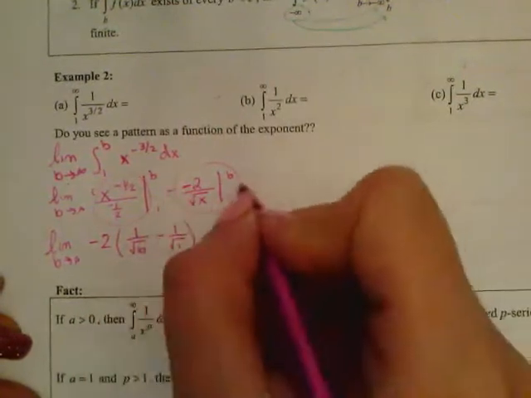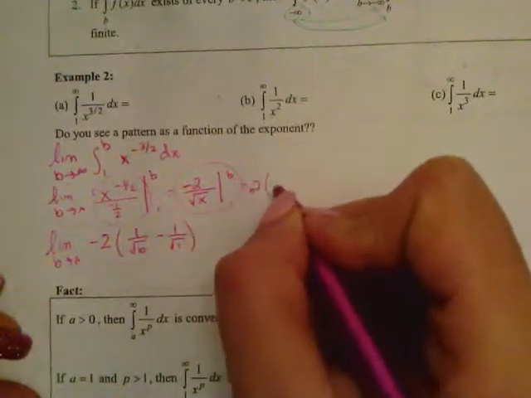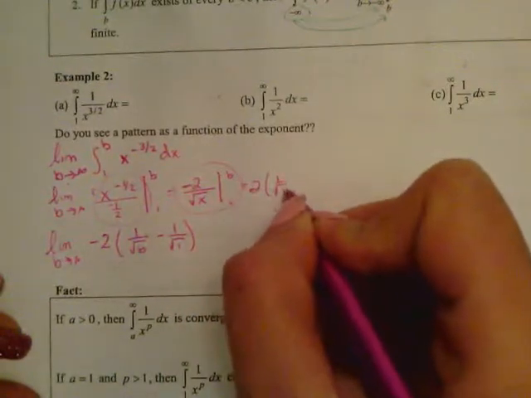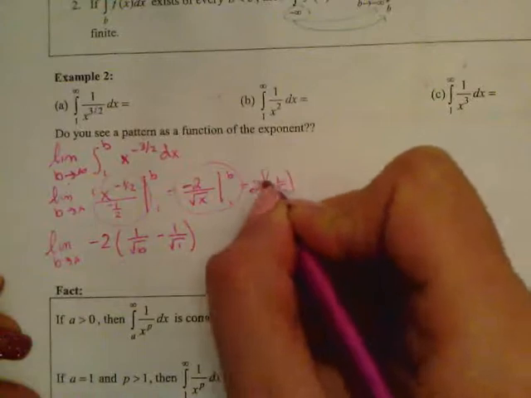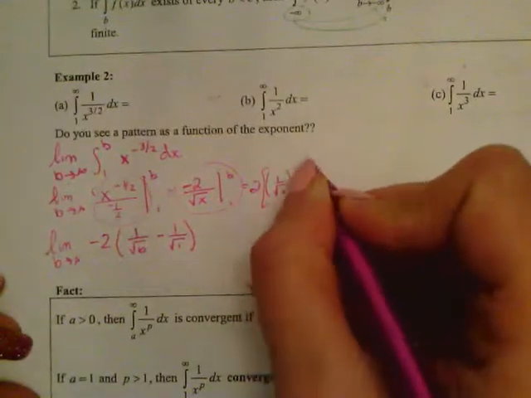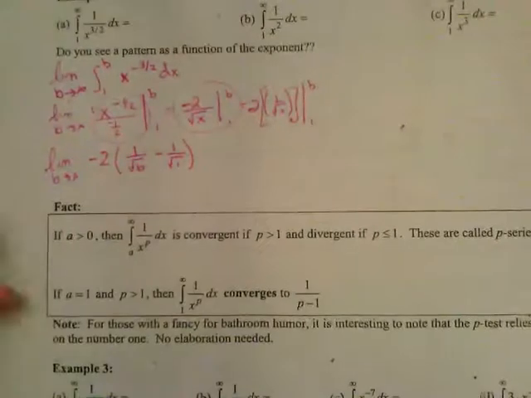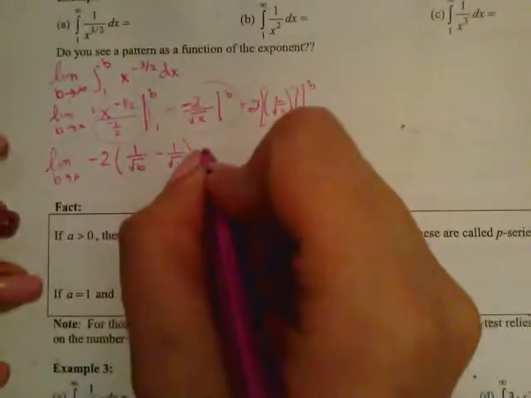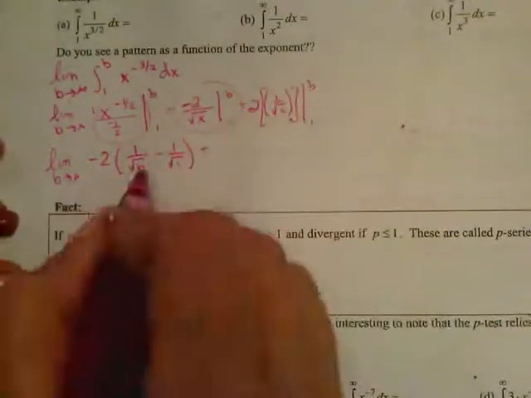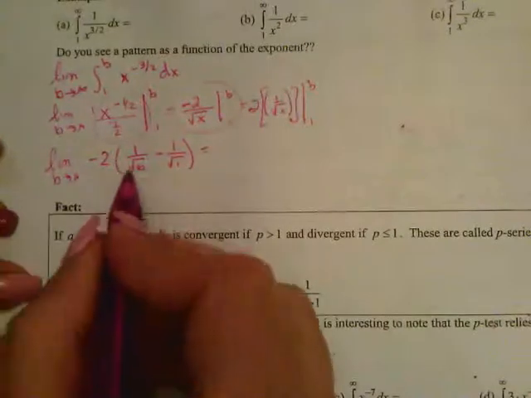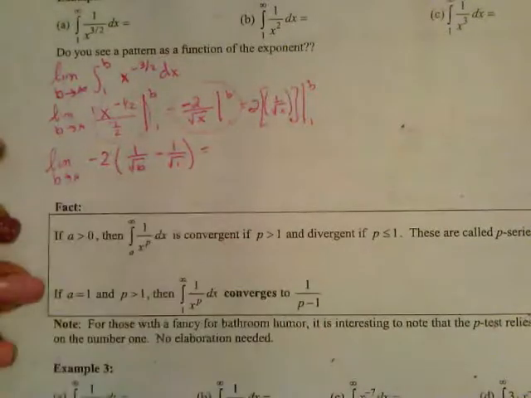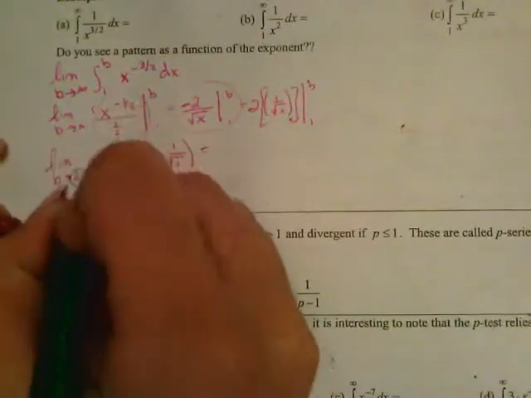I took out the negative 2, and I was left with 1 over square root of x, and then I integrated from 1 to b. So now I have a function that I can plug infinity into.